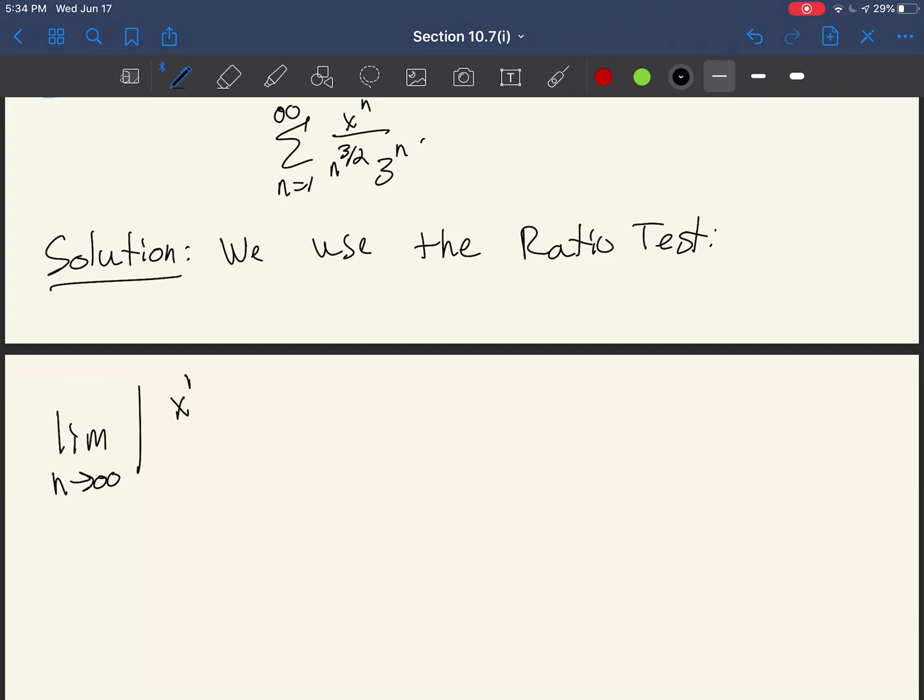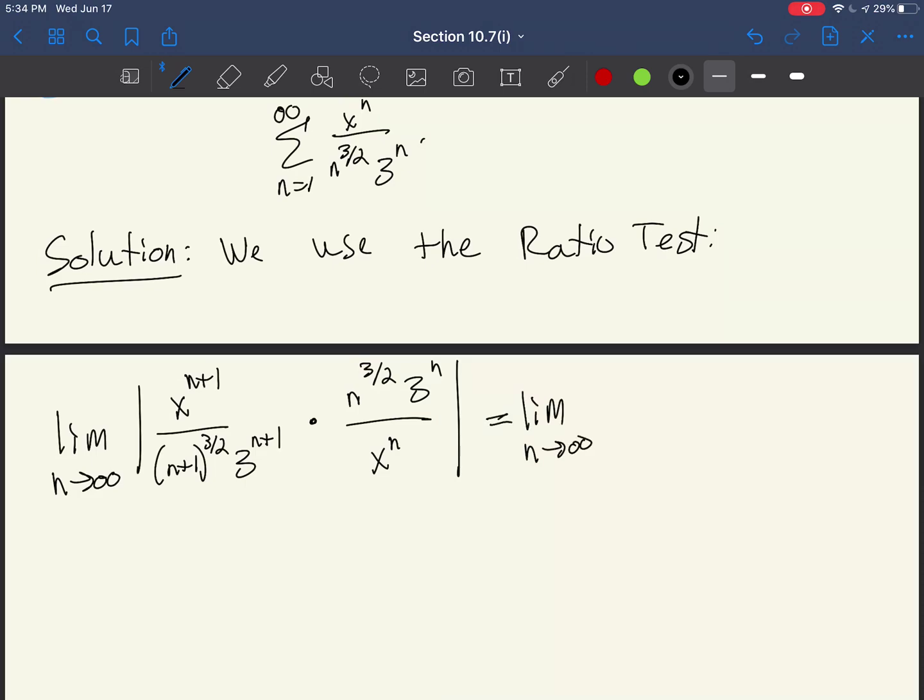So we have the limit as n goes to infinity of the absolute value of the n plus first term, x to the n plus 1 divided by n plus 1 to the 3 halves times 3 to the n plus 1, times the reciprocal of the nth term, n to the 3 halves, 3 to the n divided by x to the n. Reduce, you get the limit as n goes to infinity of the absolute value. We have an x.